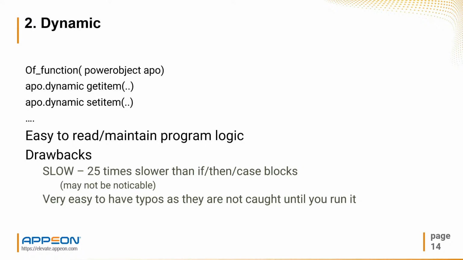Second option is using the dynamic keyword. In that situation, you simply use your PowerObject and call your functions with the dynamic keyword. The major issue there really is that it's only evaluated at runtime. That means if you do have a typo, you will not find it until runtime. So it's relatively difficult to code that in correctly.